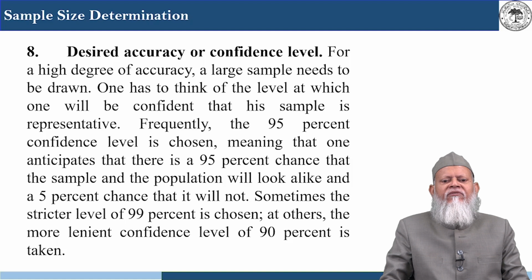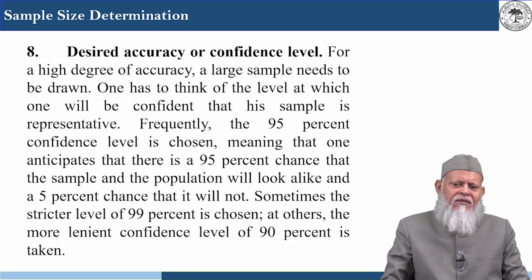For a high degree of accuracy, a large sample needs to be drawn, because as we have discussed in some of the lectures, if it is a census survey, that is taking information from every member or every item, then there is no problem because everybody has been included, so the desired accuracy is 100%, or the confidence level is very high, or say 100%.